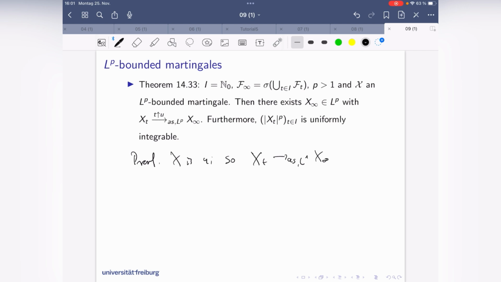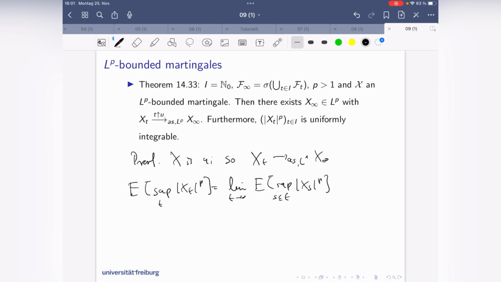Using now Doob's inequality, I have the following. I have the expectation of the supremum of xt to the power of p for all t here. That's the limit by monotone convergence of the limit as t goes to infinity of the expectation of the supremum over all s less or equal than t of xs to the power of p.